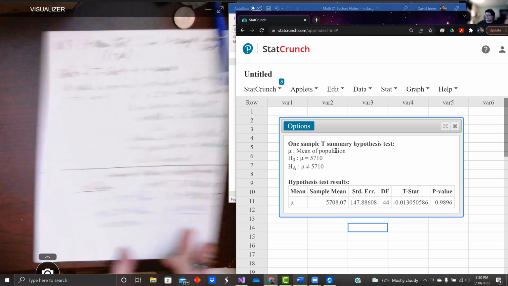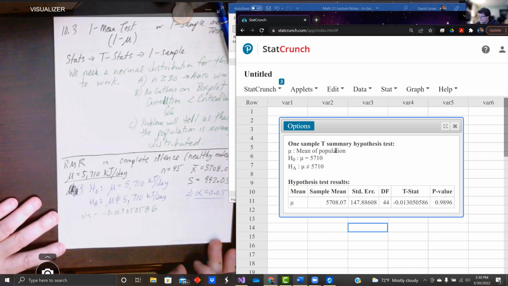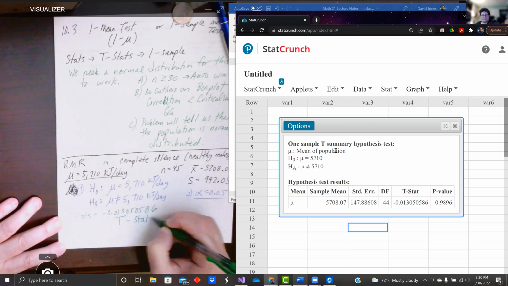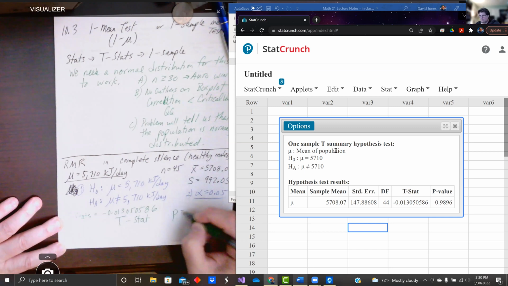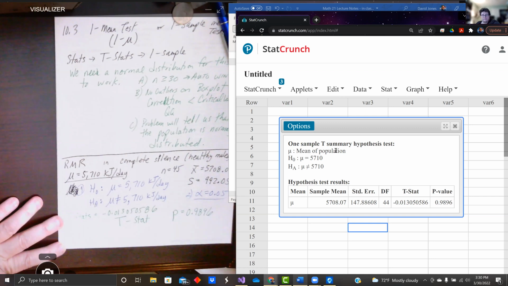Why is that? It's the lighting again. Darn it. So that's the T-stat. And we've got our p-value is 0.9896. And so that's step 3.